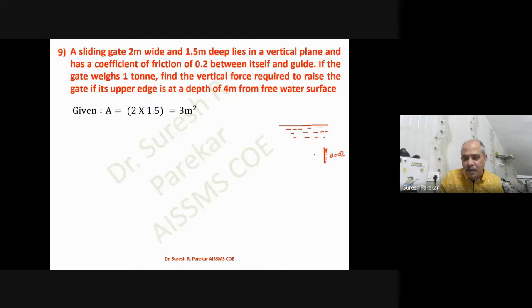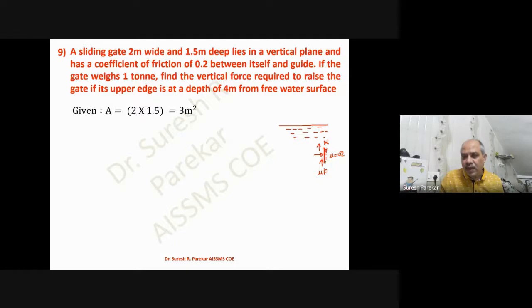So whatever pressure will act, we will get a vertical reaction to this, which we have to consider as mu into F, and then the weight itself. The weight will act downward, and the frictional force will act the opposite way to the motion, so as the gate is raised the frictional force will come down.